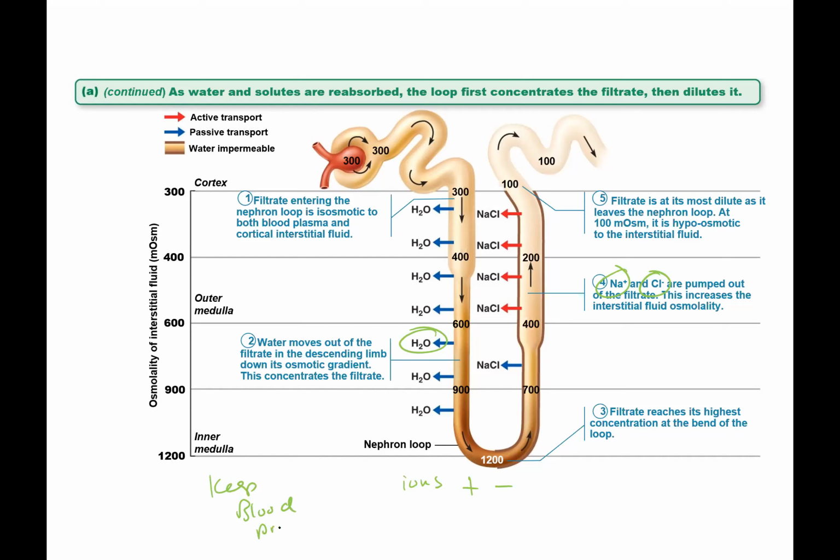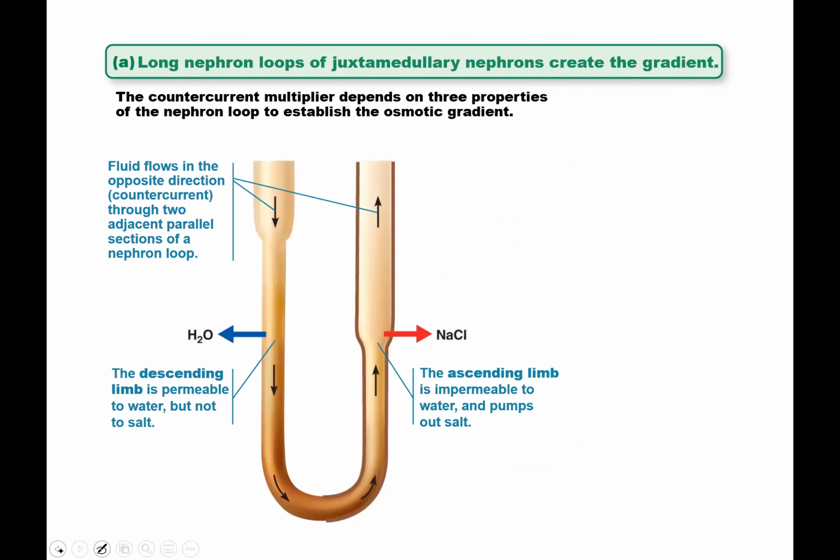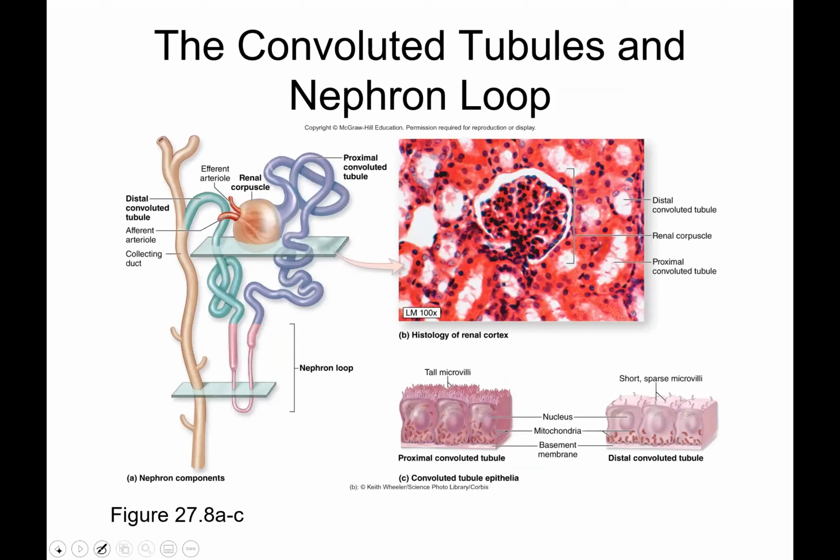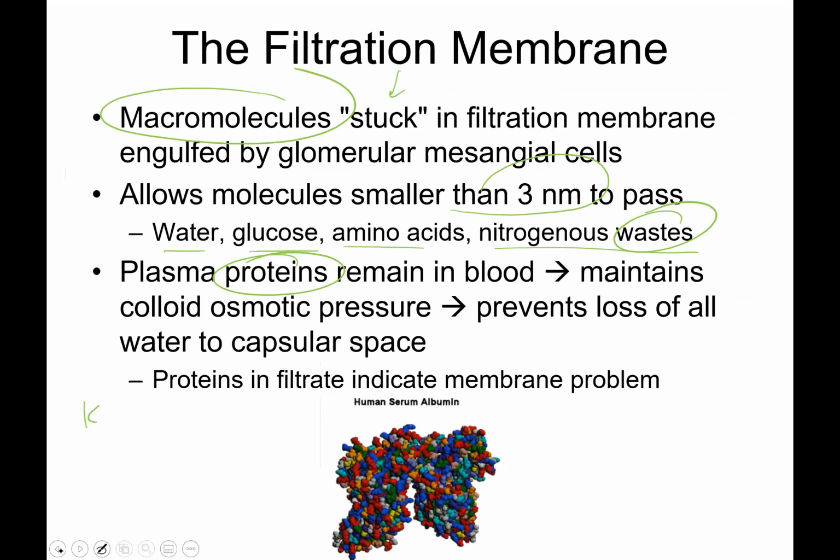Keep your proteins. Keep some water. Keep some ions. So if you find blood in the urine, proteins in the urine, glucose in the urine, too much electrolyte stuff in the urine, we know we're dealing with a problem.